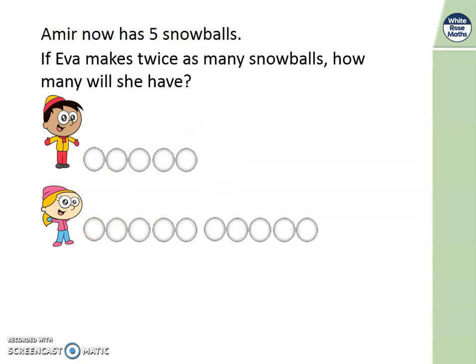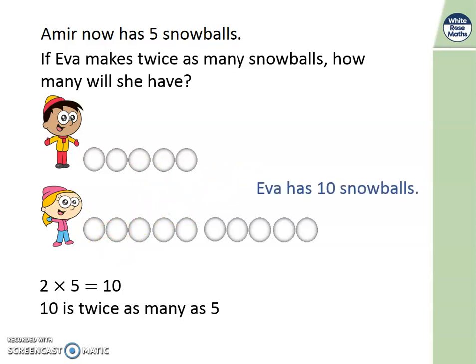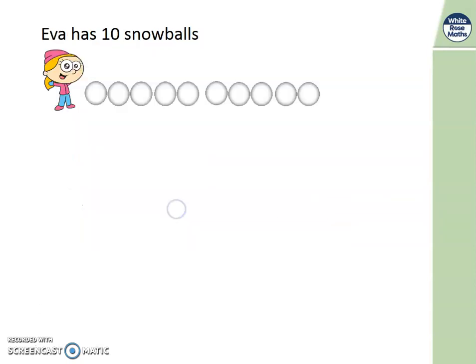She needs another 5. So now she has 10 snowballs. 2 lots of 5 is 10. 10 is twice as many as 5. So Eva has 10 snowballs.